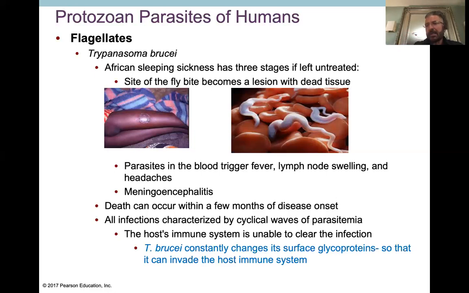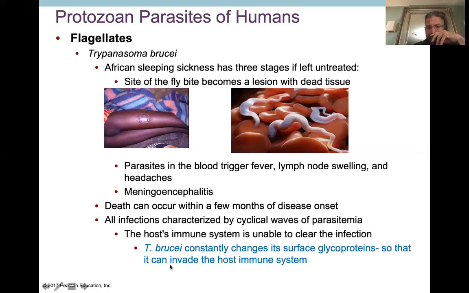And remember again, as they have these cyclic waves, usually the parasite is going to change its antigens. All right. So if our immune system tries to attach antibodies to it, it's going to change those antigens. So we have to continuously make new antibodies to it from our B cells. The host immune system is unable to clear the infection, right?